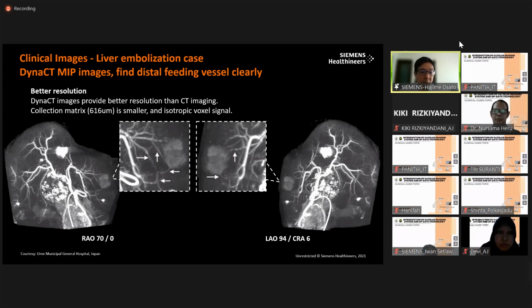Therefore, we can see the fine distal vessel like in these images. CT cannot show fine vessels like this, due to the correction matrix and rectangular voxel size.